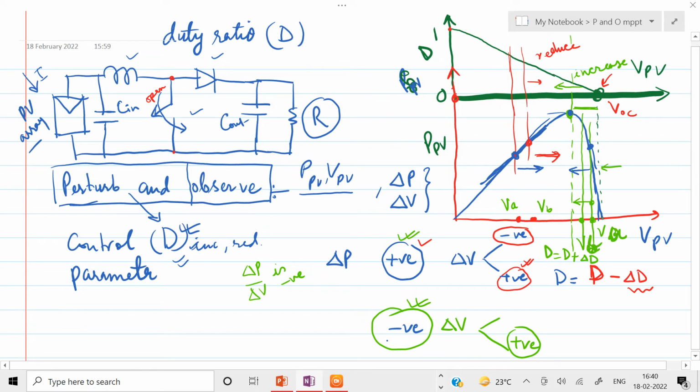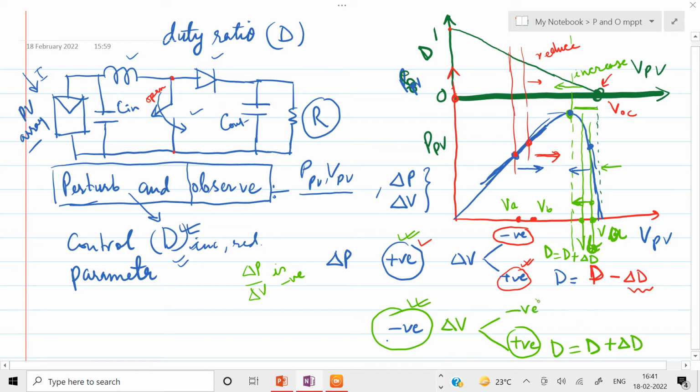So after we are here, again we have to move to this side. That means we have to increase the duty ratio. Okay, we have to increase the duty ratio. That means D will be equal to D plus delta D.